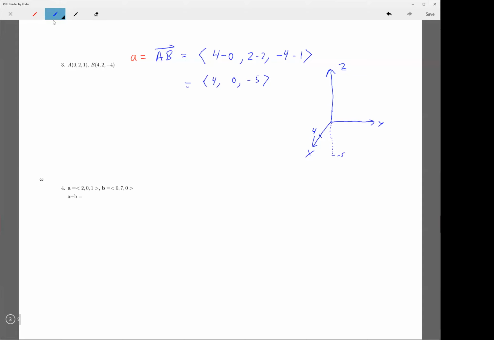So from the beginning point, we'll come down negative 5 from there. So from the beginning point, it's going to look something like this. Or it's also you're going to go from that point to that point.